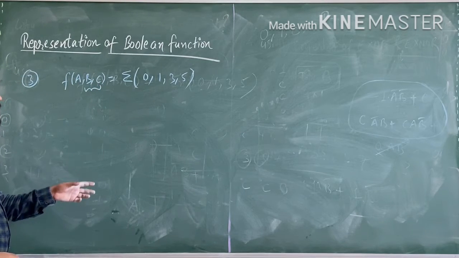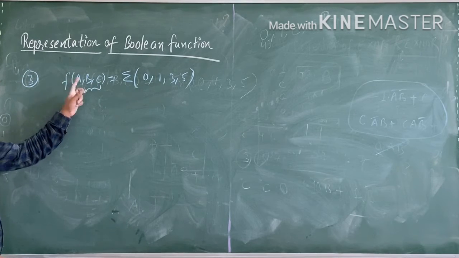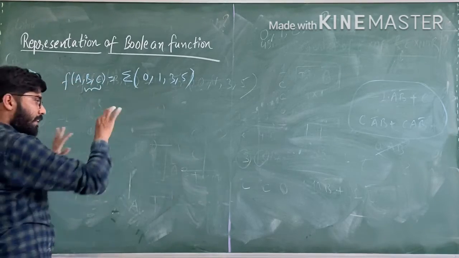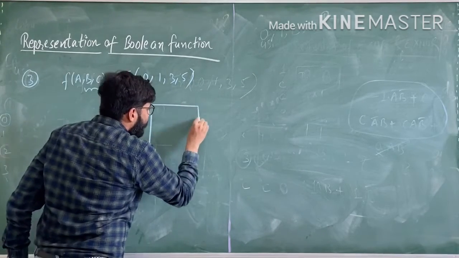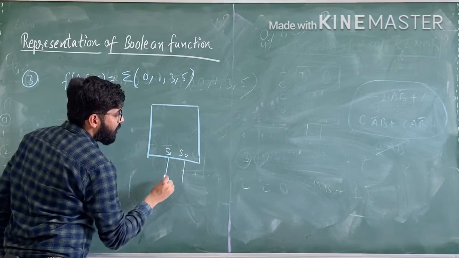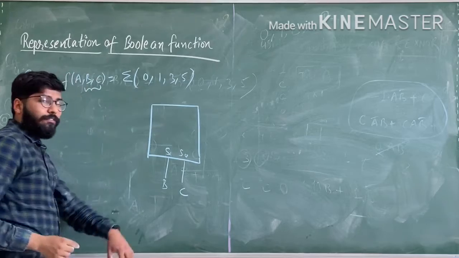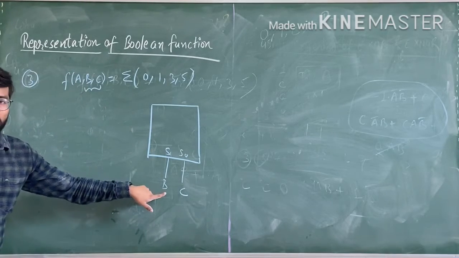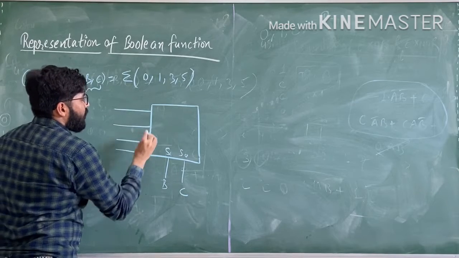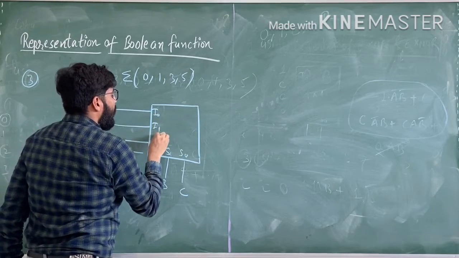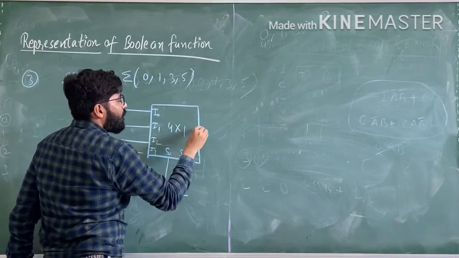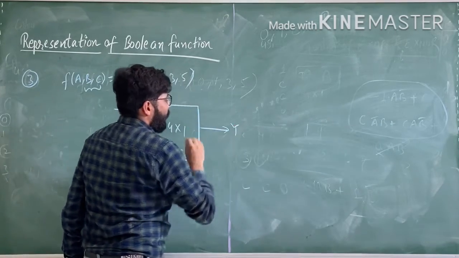In the previous case I took select lines A and B, but in this case I am taking select lines B and C. Okay, it is the same question, but we have interchanged the select lines. This is the select line S1 and S0. We have considered this is B and this is C, but in the previous case I considered this is A and this is B. Okay. And this is I0, I1, I2 and I3, and this is a 4 cross 1 mux, and this is the Y output.